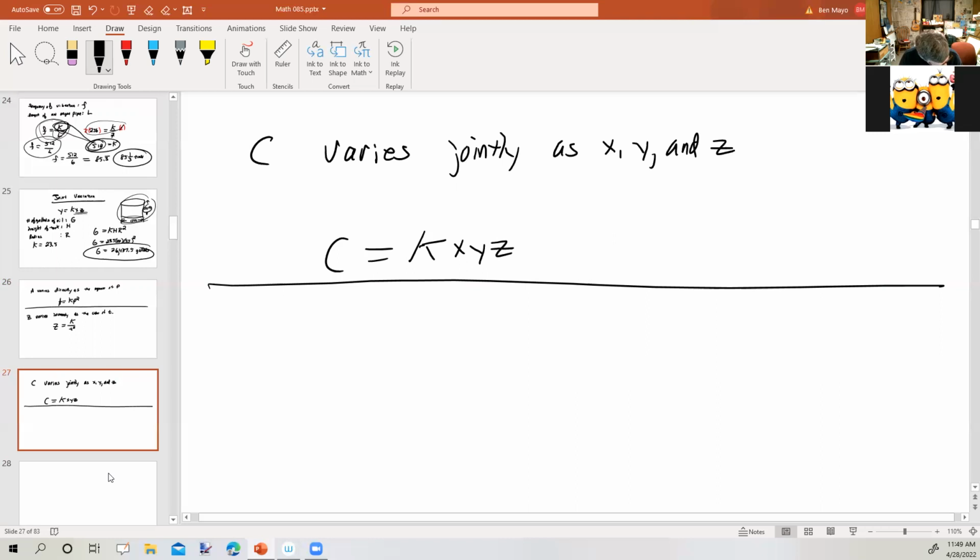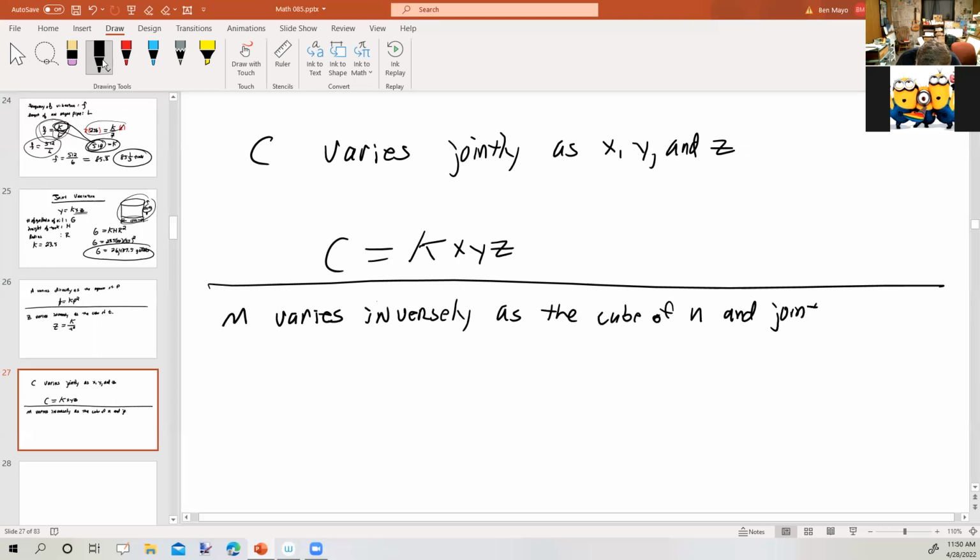All right, let's see here. M varies inversely as the cube of N and jointly as X and the square of Z. So we've got two different variations going on in the same problem.